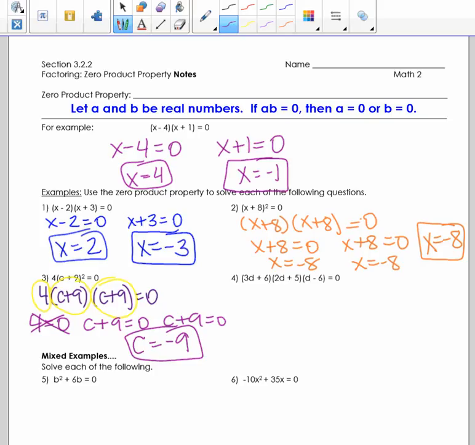For number 4, it's kind of the same deal. You have 3d plus 6, 2d plus 5, and d minus 6. Any one of those three could be 0 to make that a true statement.